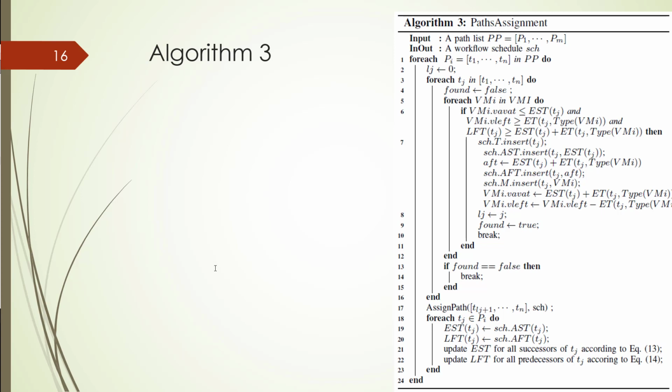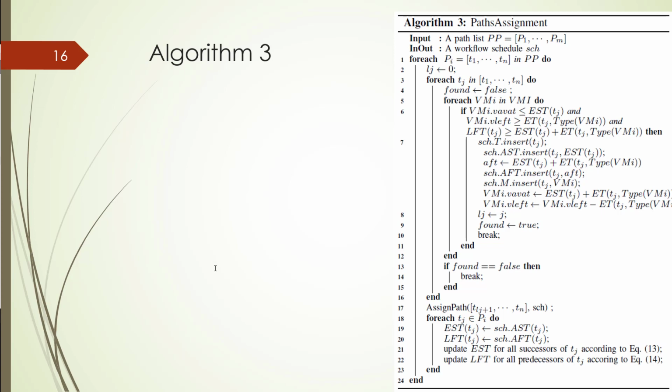For each Tj, at first we will assign false to found, meaning the virtual machine is not found. Then for each of the virtual machine instances we will evaluate whether the virtual machine's available time is less than the EST of Tj, and the time that is left in the virtual machine instance is more than the estimation time that we need for the task Tj according to the type of the virtual machine.